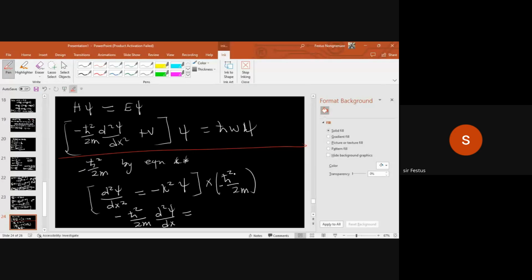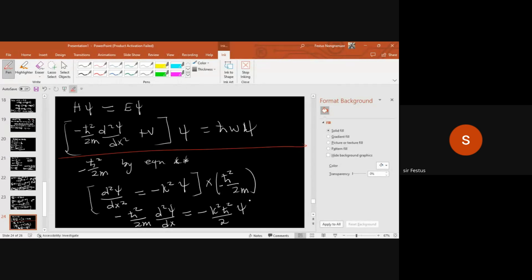So that will be minus k squared h squared psi over 2m. So we have this. Okay. Then psi is there. So we have this one.